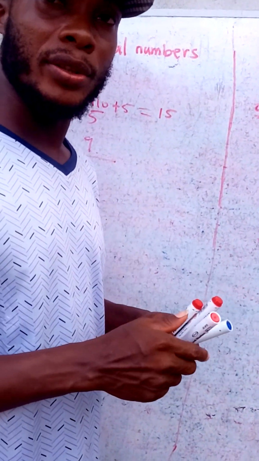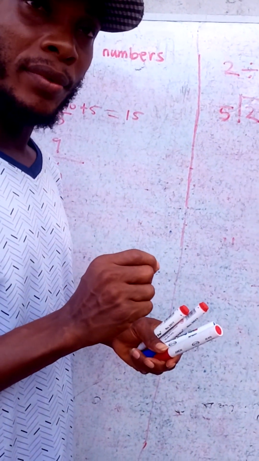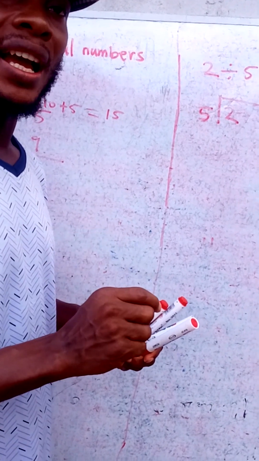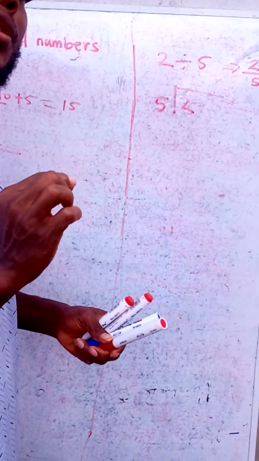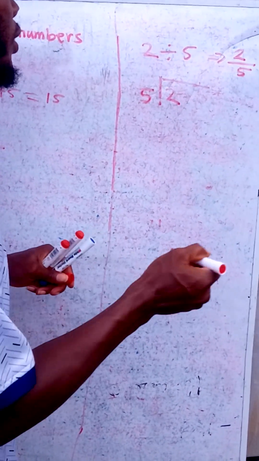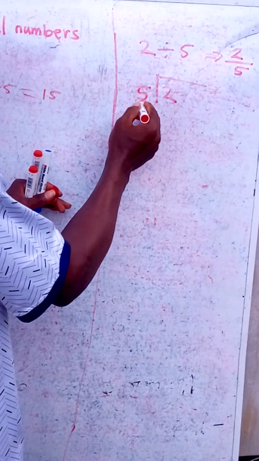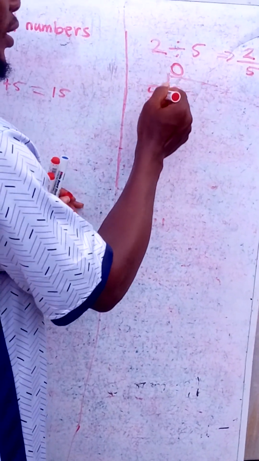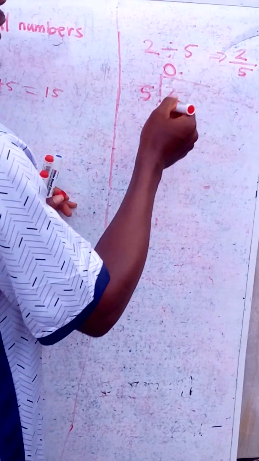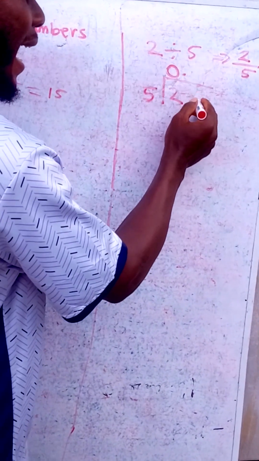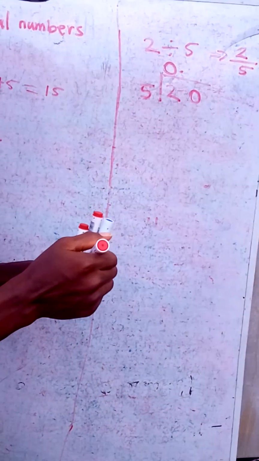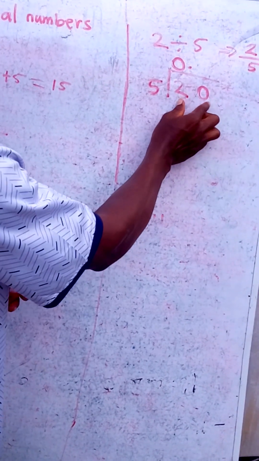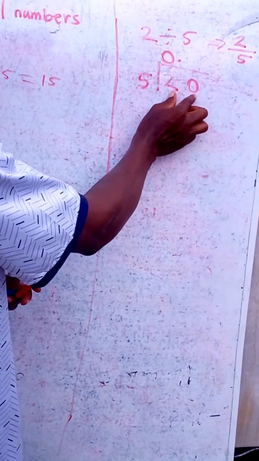Since you cannot use 2 oranges to give to 5 people, you put 0 and put a decimal point, and add 0 to the number, which is 2. So 2 will become 20.